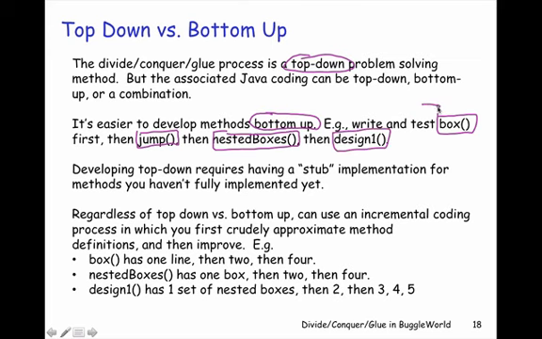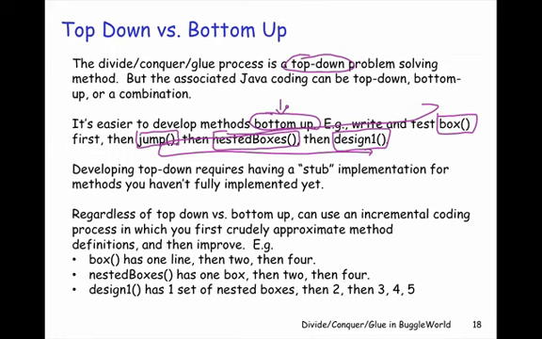If we go in that order, that is called bottom up, because we are starting at the smallest pieces, implementing and testing them, and then going toward the larger pieces. So even though we decompose the problem from top down, we can implement them from bottom up.